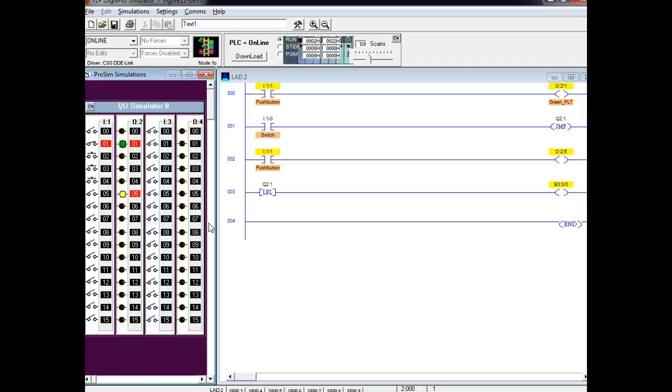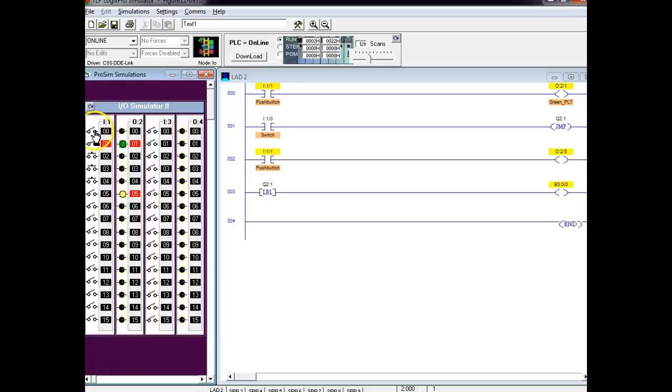Then we'll come over here and do switch 1, and one of the lights should go out. I think it's, which one is the jump? It's 0. So it's output 2.5 that is the one. Output 2.5. Yeah, so here's the one we're jumping over right here.